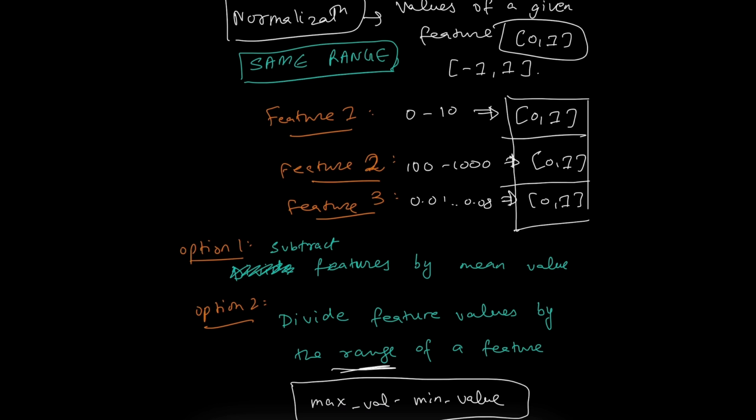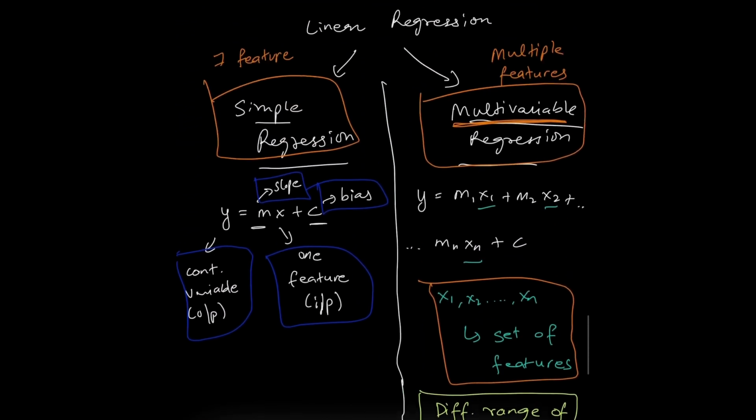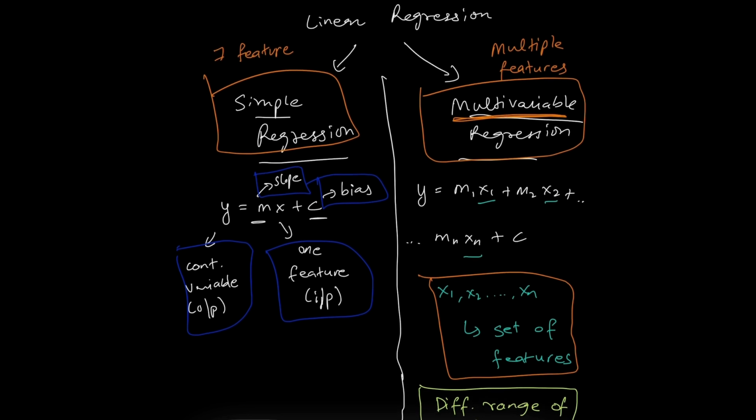You get the range by subtracting the max value by its min value, and then you can divide all features by this range, and that will give you all values between 0 to 1. Or you can also choose option 1, where you can take the mean and then subtract all features by the mean value. So basically this is normalization, and it is recommended you do that before you start the training for multivariable regression.